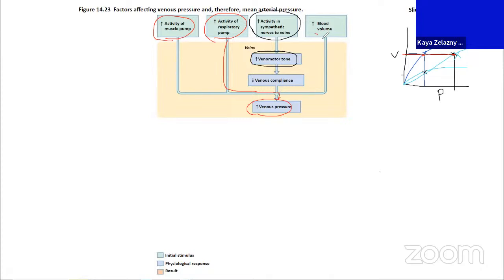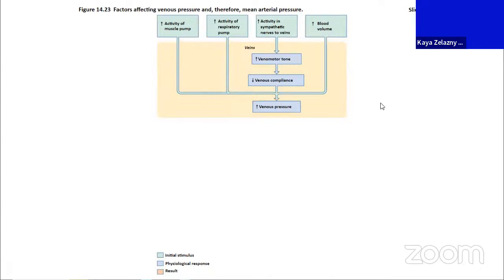And we'd also probably have some hormonal signals that increase blood volume, but this tends to be more related to longer term regulation. But it's a factor that would have the same effect, so it's on this chart too. These are all ways that we would increase venous pressure.